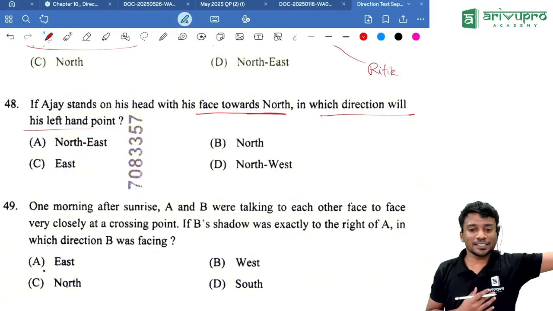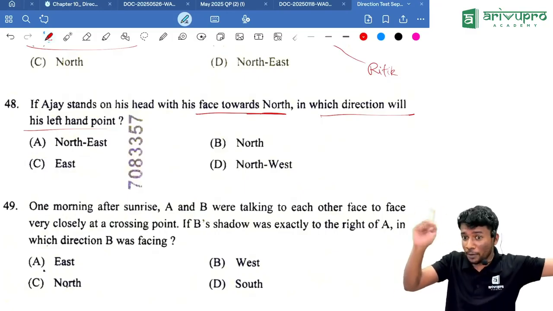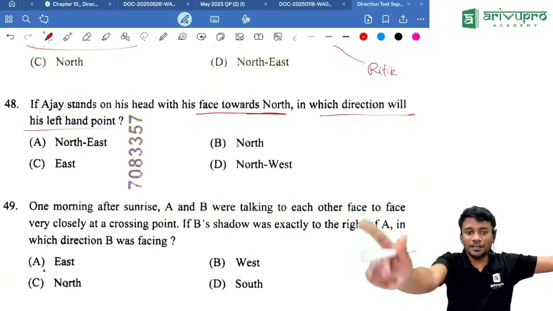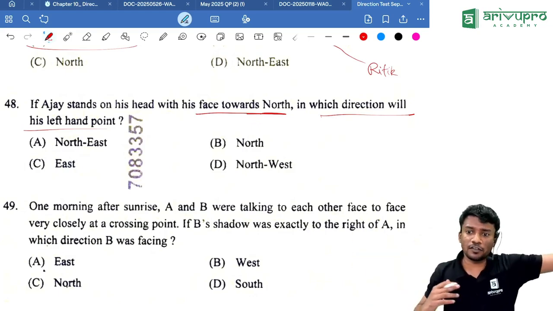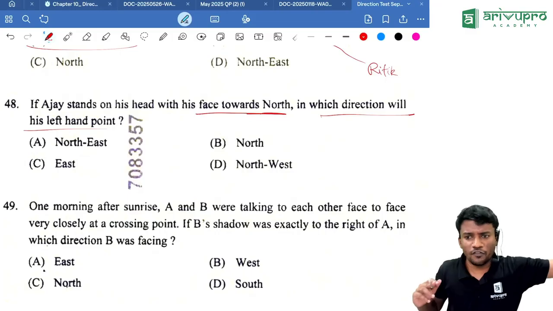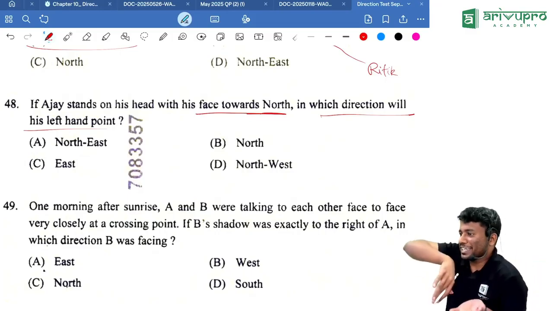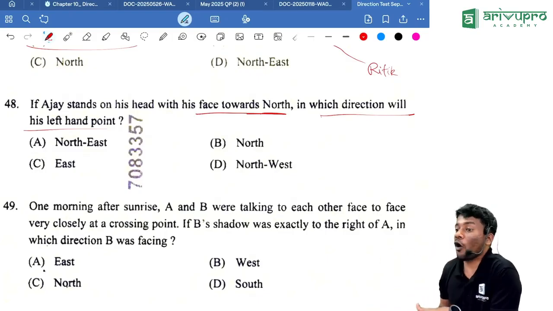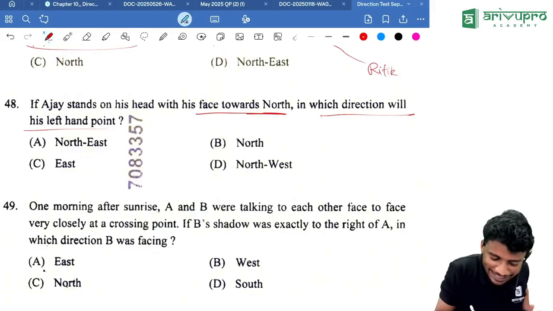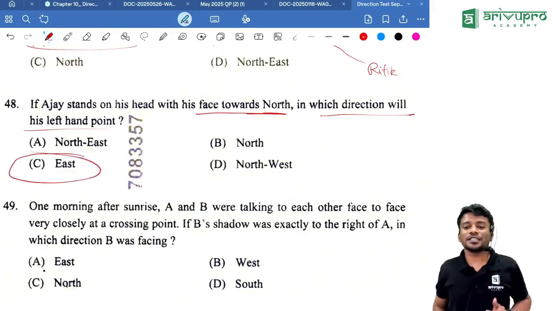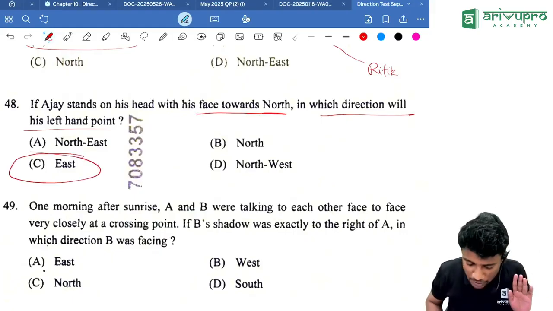The west direction. What did I teach you? If a normal person is facing north, his left hand will normally be towards west. Then an abnormal person looking towards north, everything will change. Opposite of west is what? East. Option C. Another easy question.